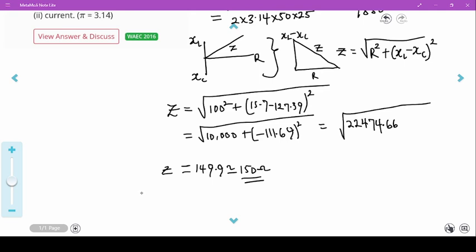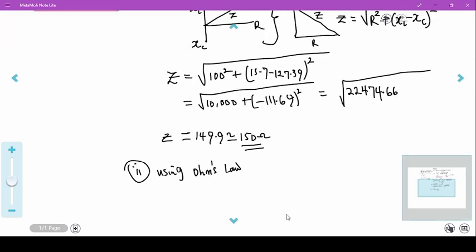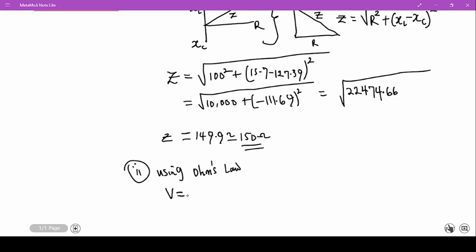So using Ohm's law, which entails that V, the potential difference across a metallic conductor, if every other condition is kept constant, is directly proportional to the current flowing through it.